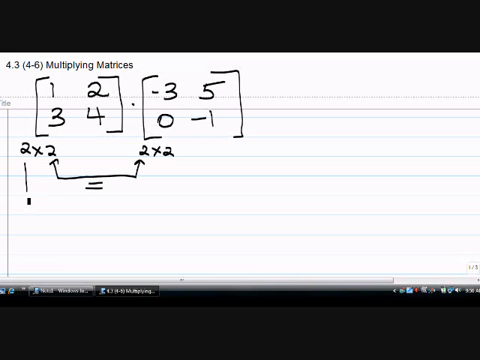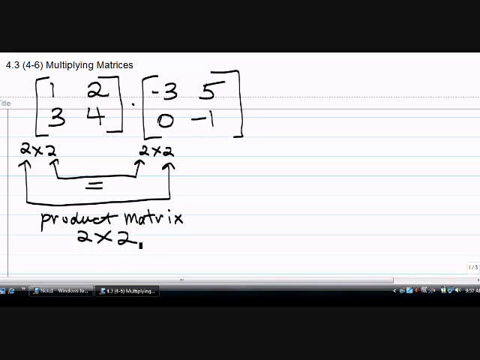The resulting matrix will be the number of rows of the matrix on the left by the number of columns of the matrix on the right. So this is the product matrix. In this case, it's going to be a 2 by 2 matrix.